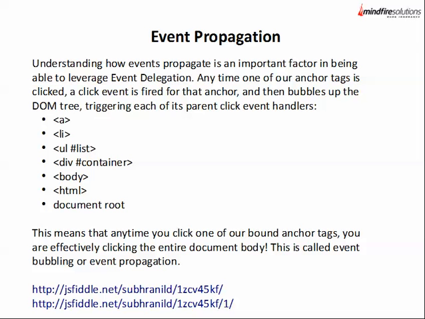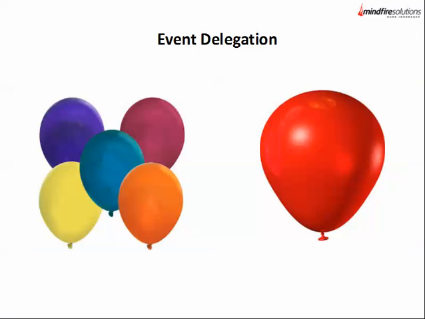Okay. So in the previous slide you saw that image of how event delegation works. Instead of attaching an event handler to every particular element, you just attach the event handler to a big element and delegate it from there. Like if I have 10 TDs and I need an event handler on all 10, I will not write TD on click, this TD on click, this TD on click.